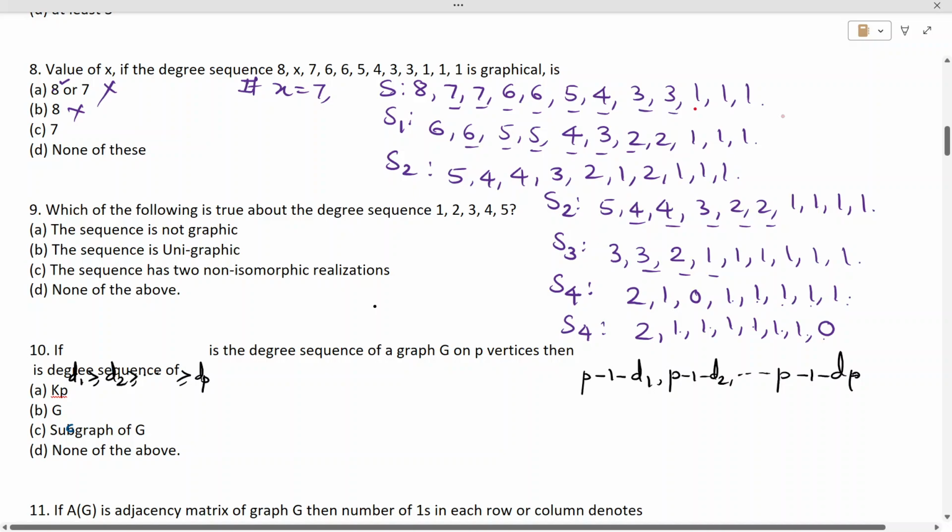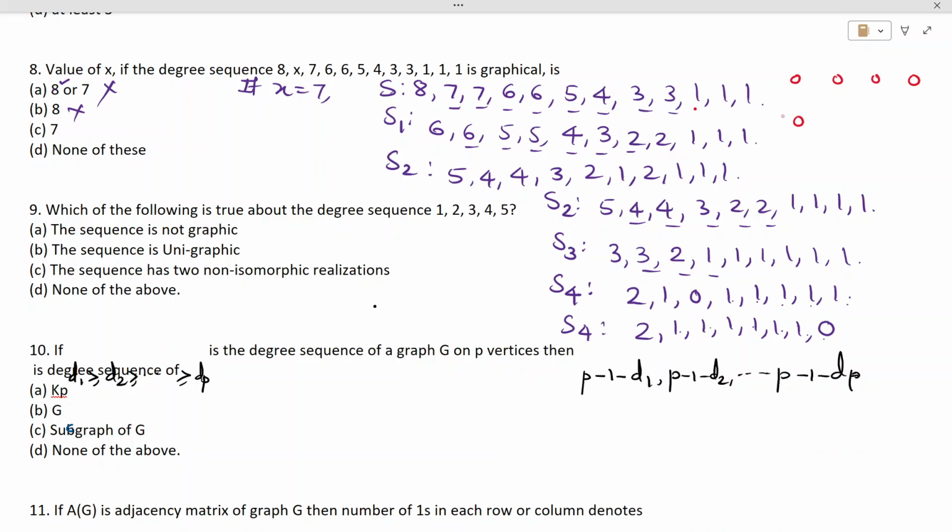I am drawing a graph on 8 vertices with 6 vertices of degree 1, one vertex of degree 2 and one vertex of degree 0. So S4 is graphical by the Havel-Hakimi algorithm.